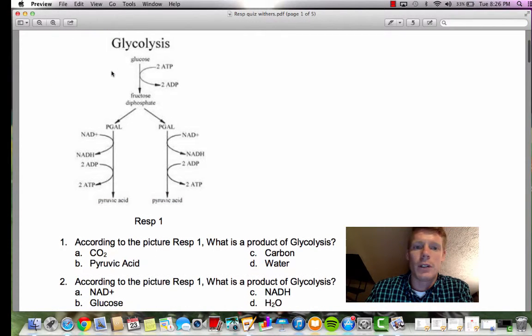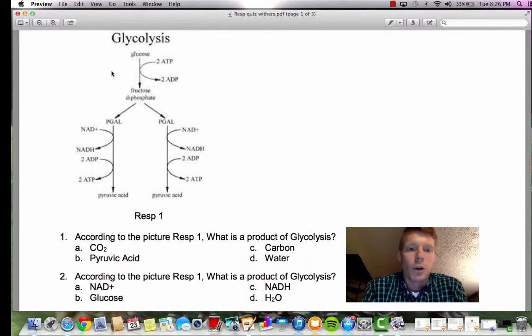All right. Question 1. According to the picture, RESP1, what is the product of glycolysis? Is it A, CO2, B, pyruvic acid, C, carbon, or D, water? Remember, it's the product of glycolysis.